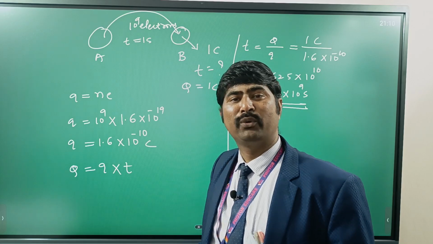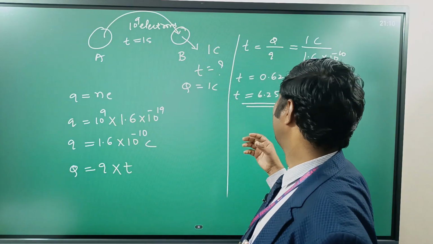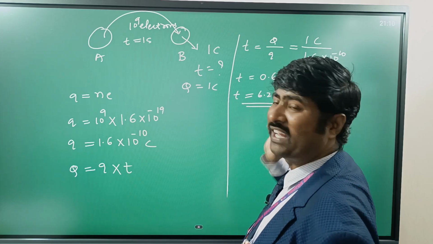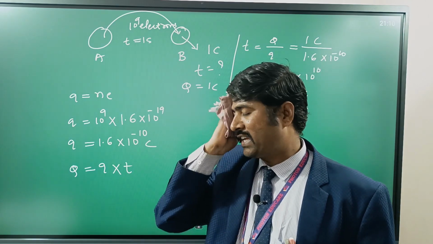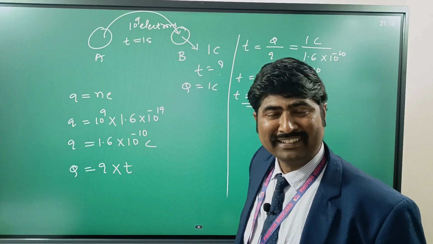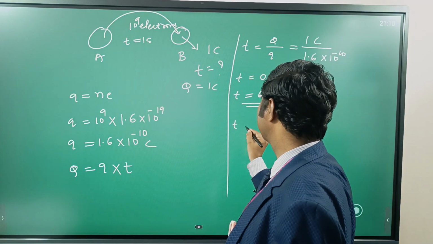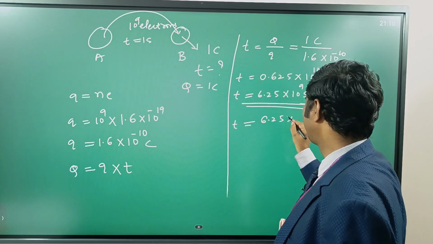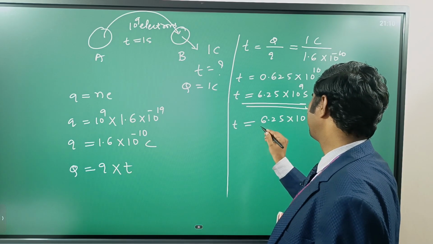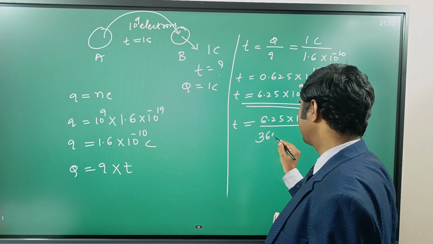Now you cannot really feel this. So 6.25 into 10 power 9 seconds, if I convert that into years, how many years will it take? To convert from seconds to years, I will divide 6.25 into 10 power 9 by: in 1 year how many days? 365 days.